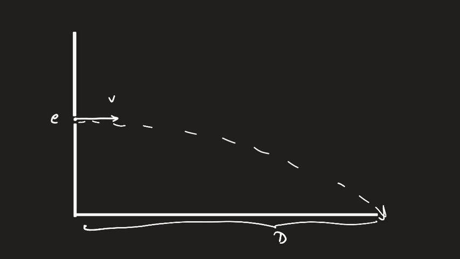It might not look like it, but this is a projectile motion problem from last year, where the range is d. To solve this problem, you'll have to remember that the particle is going to experience an acceleration due to the force experienced from the electric field.